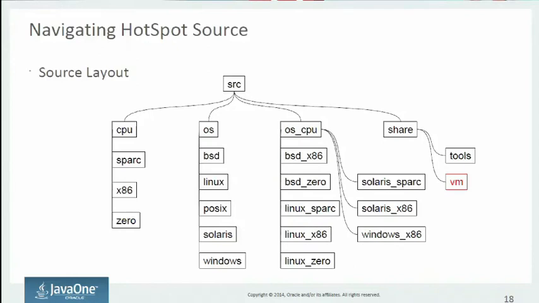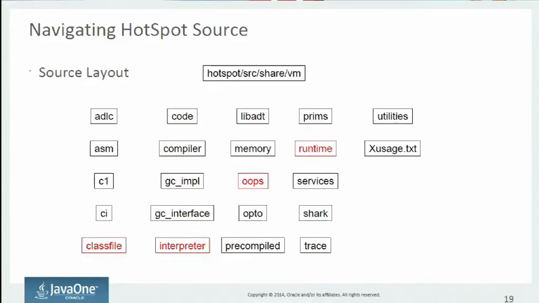So in the VM directory, subdirectory of that, you'll see these directories. And I've highlighted 4 of these here in red because those are the places where you should probably go to find the most interesting pieces of Hotspot code. So class file stuff has all this class loading stuff, which we just talked about and we'll talk about further.